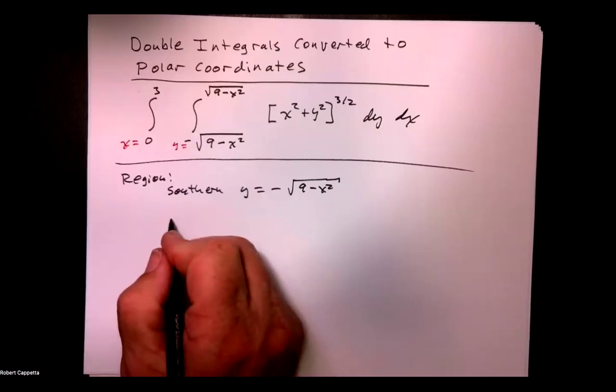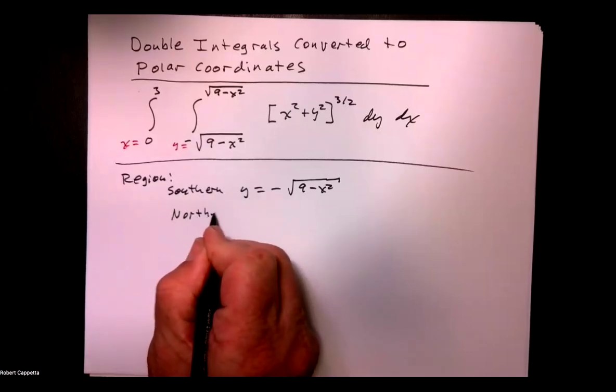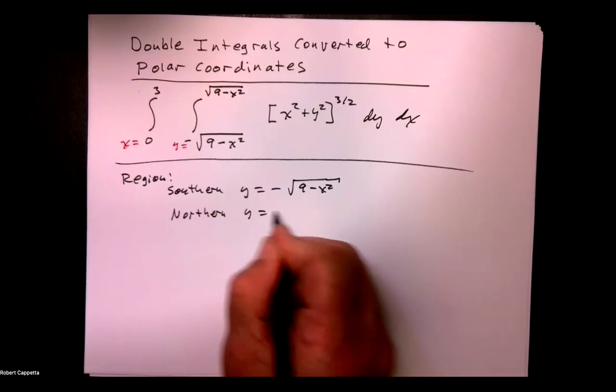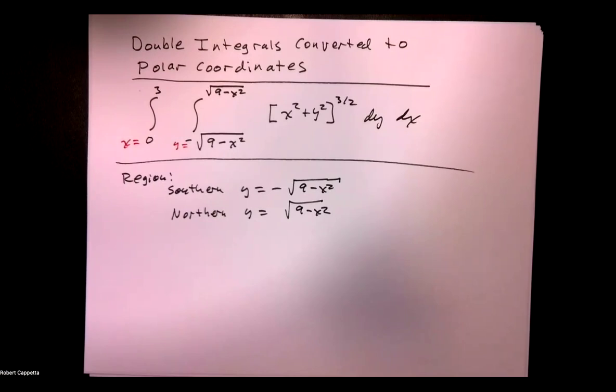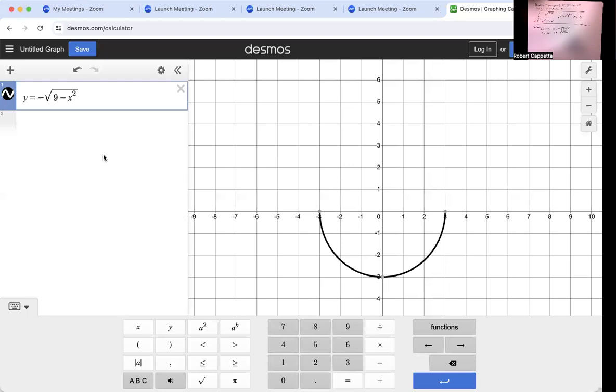And then the northern portion is y equals root 9 minus x squared. So that shouldn't surprise you in terms of what that's going to be. So let's go ahead and put that in there. Northern portion, y equals the square root of 9 minus x squared.